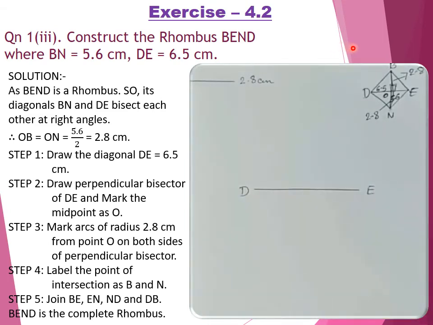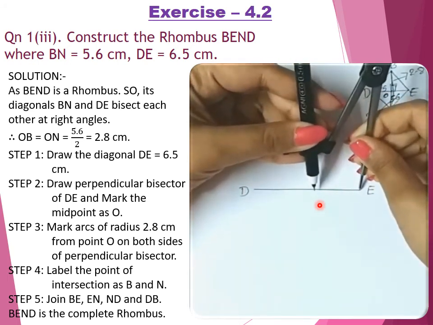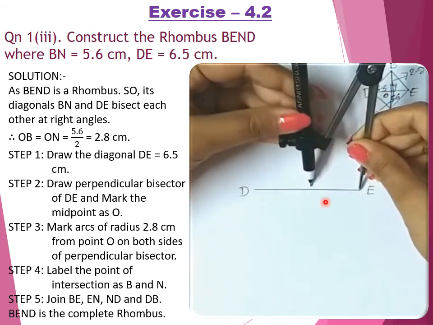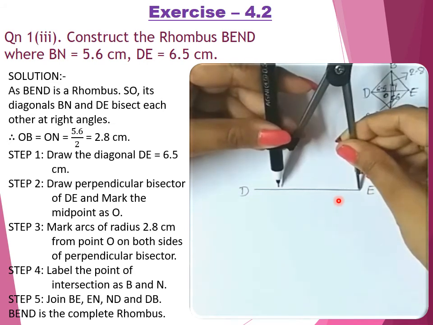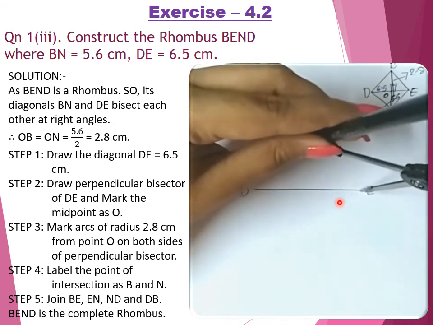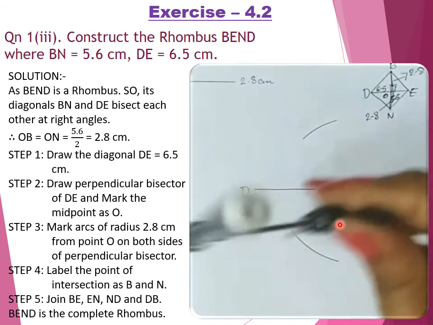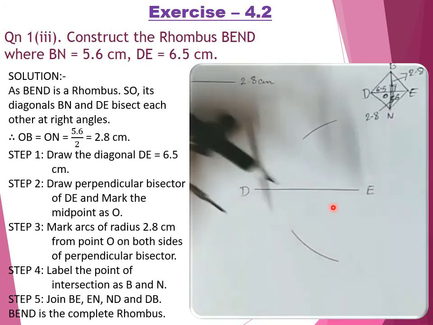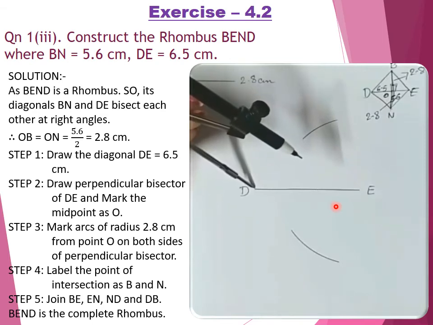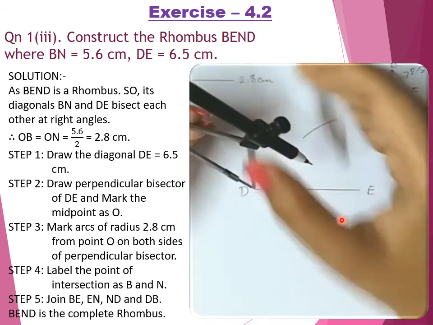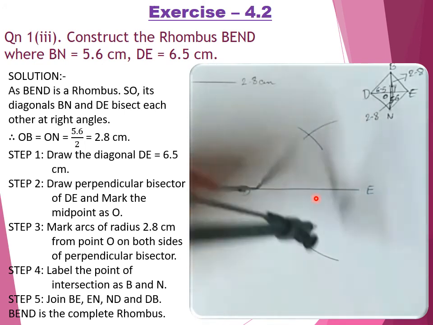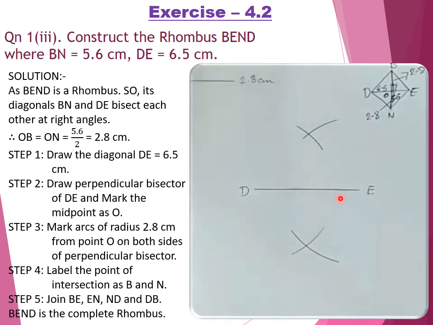Now, to draw the perpendicular bisector, we will simply take an arc length of more than half. So more than half length has to be taken, and we will mark an arc at the top and the bottom, and also from the other end we will also mark two arcs as such.